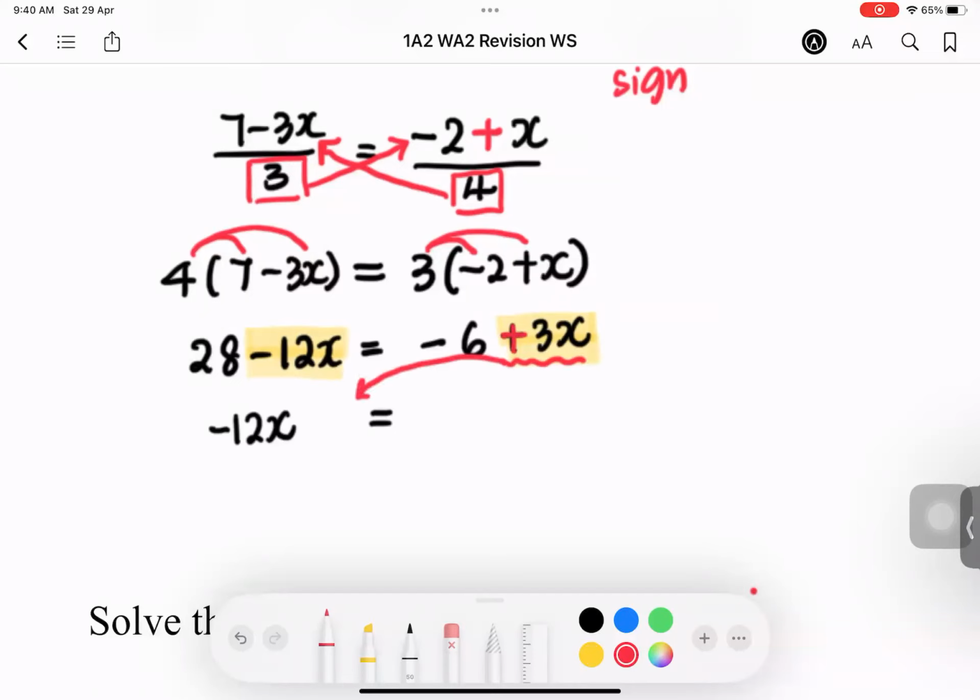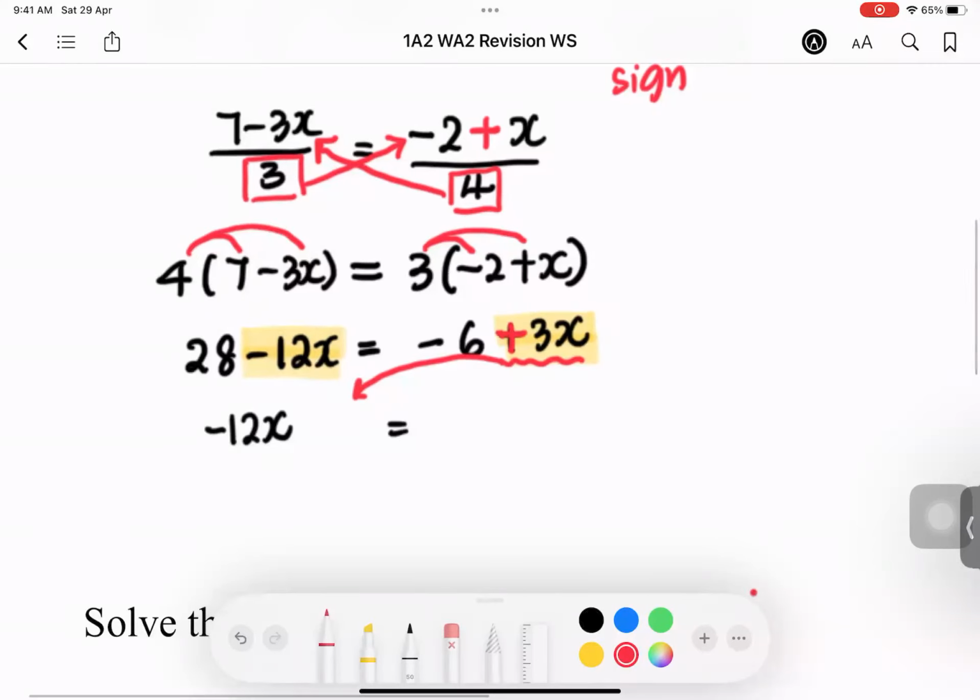What do I put? This is positive 3x. So how to undo addition? Go over there, become negative. Yes, negative 3x.